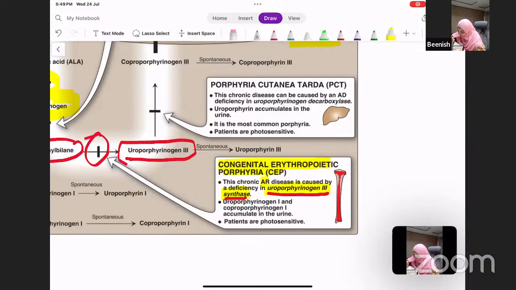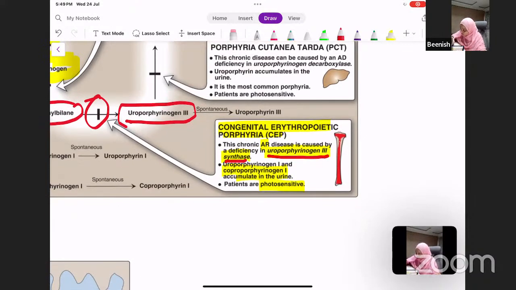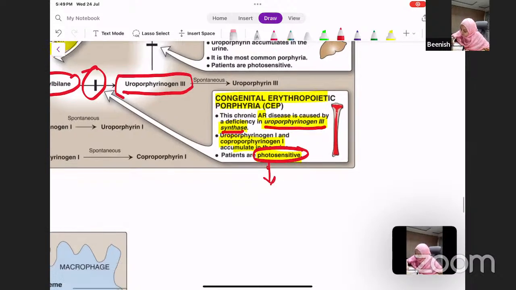Here uroporphyrinogen 1 and coproporphyrinogen 1 are going to accumulate in the urine, and patients are photosensitive.